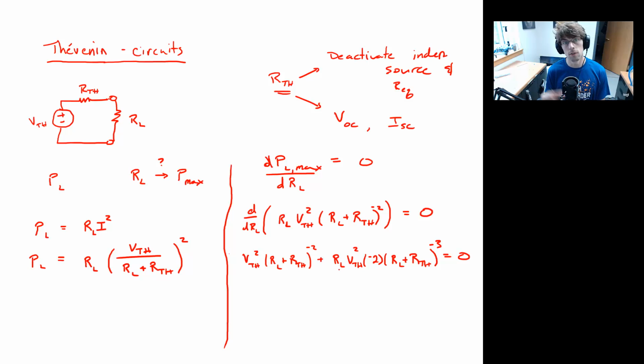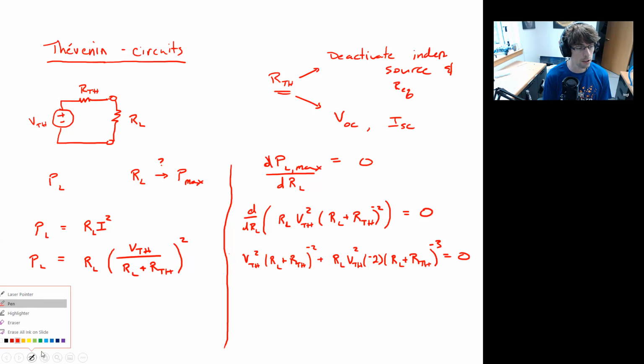We move the exponent down, lower it by 1. And now we see, oh goody goody, we have some cancellation here. Notice that each term has that Thevenin potential, so we can cross those out, right? There's a 0 on the other side. We also, each term has this RL plus R Thevenin to the -2. So I can cancel this guy with 2 of those, so I still have a -1 here.